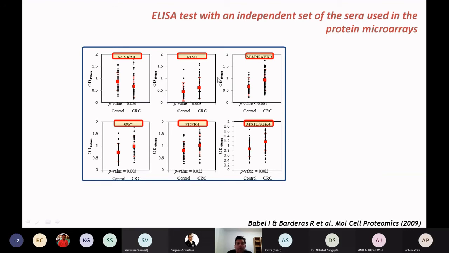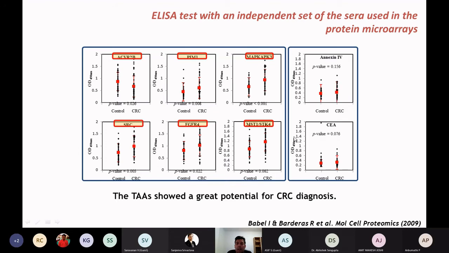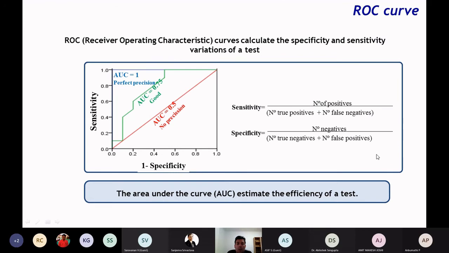Here you can observe that the differential cellular reactivity was also observed by ELISA, in comparison to 2 different proteins, Annexin-4 and CA, that didn't possess any differential cellular reactivity. We also calculate the specificity and sensitivity of the test, taking into account that with a perfect precision the area under the curve should be 1, with precision 0.75, and with no precision 0.5.